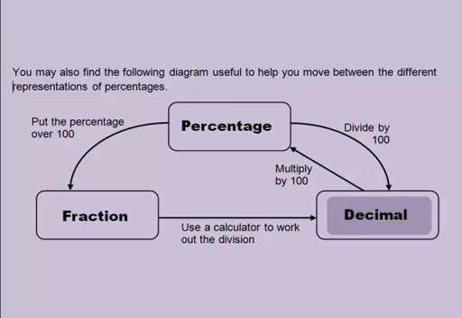If you want to move between a decimal and a percentage, you multiply by 100. If you want to go from a fraction to a decimal, use a calculator to work out the division.